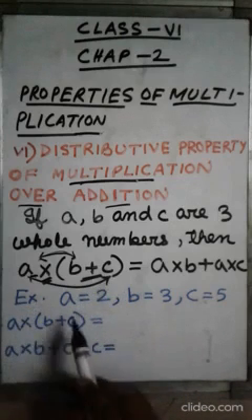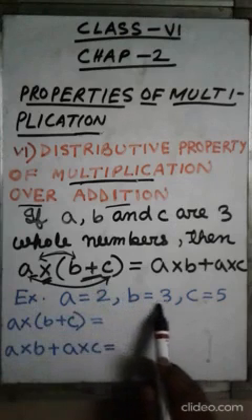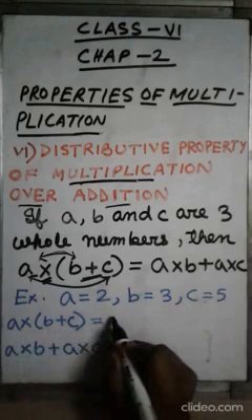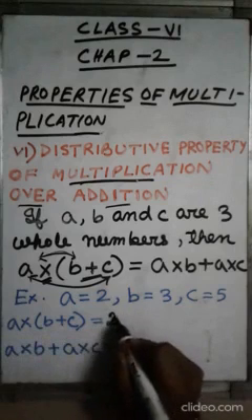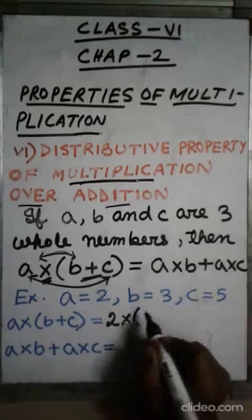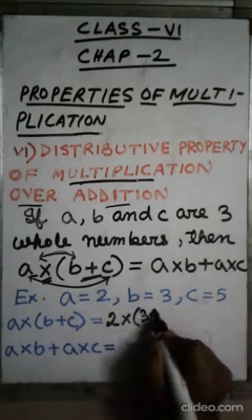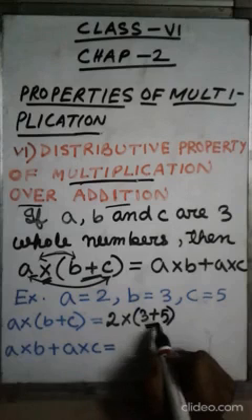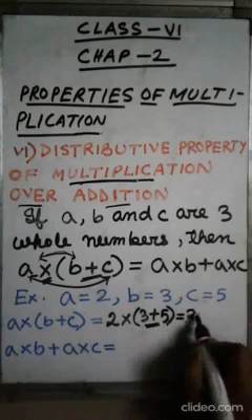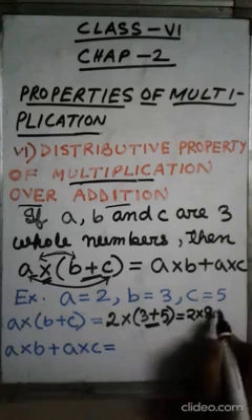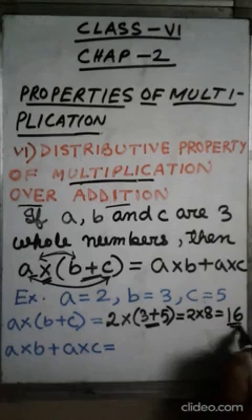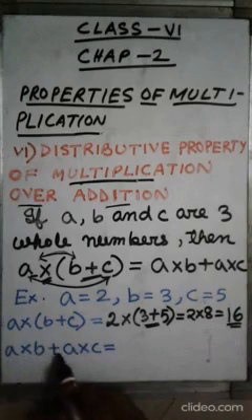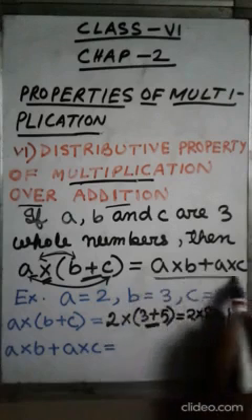For example, if A is equal to 2, B is equal to 3, C is equal to 5, A into B plus C will give 2 into 3 plus 5. The addition inside the bracket we have to do first. That means 2 into 8, which is equal to 16. A into B plus A into C, we have to prove this side.